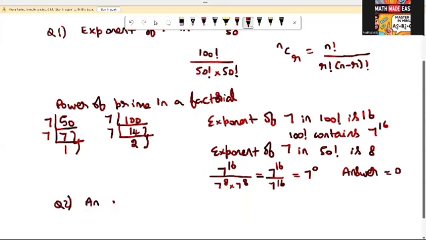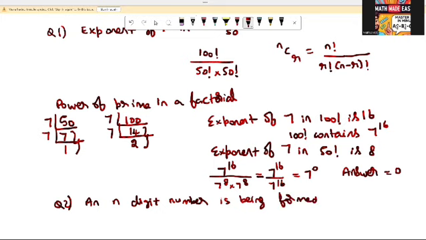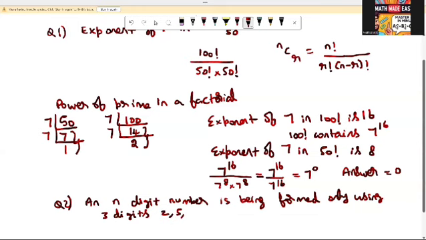An n-digit number is being formed only using 3 digits: 2, 5 and 7.